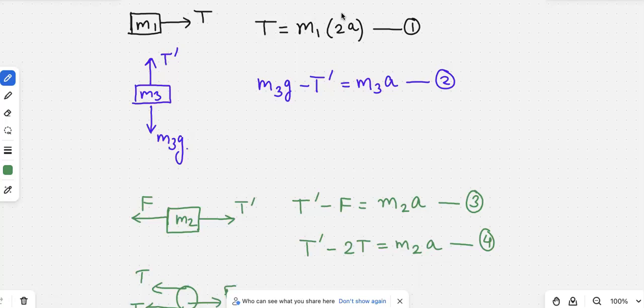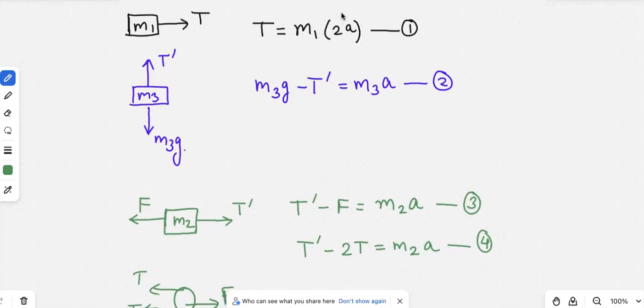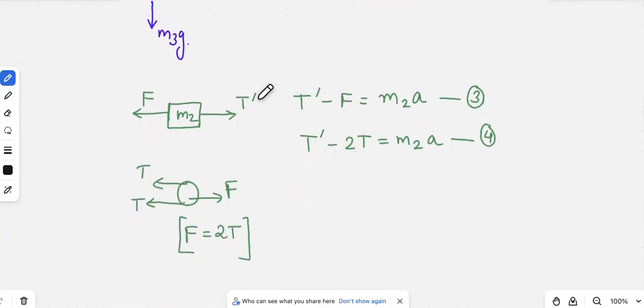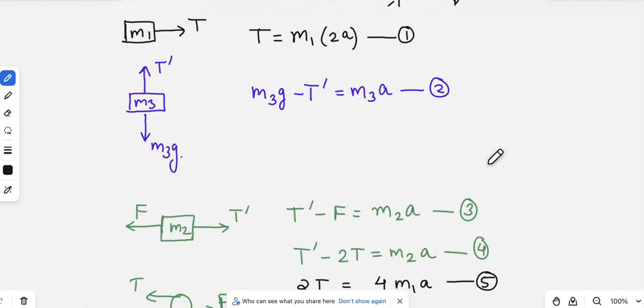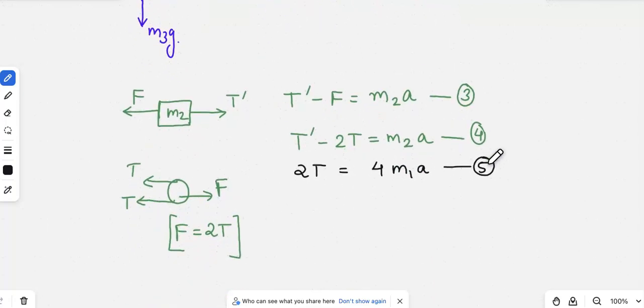Okay, so let's find the acceleration and the tensions. If I multiply this first equation by 2, what will I get? I will get 2T is equal to 4m1a as my new equation. 2T is equal to 4m1a.